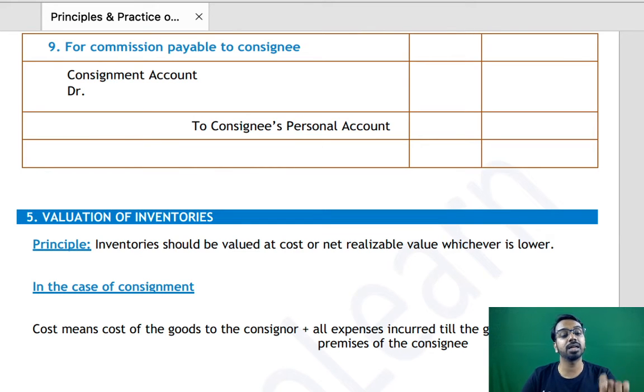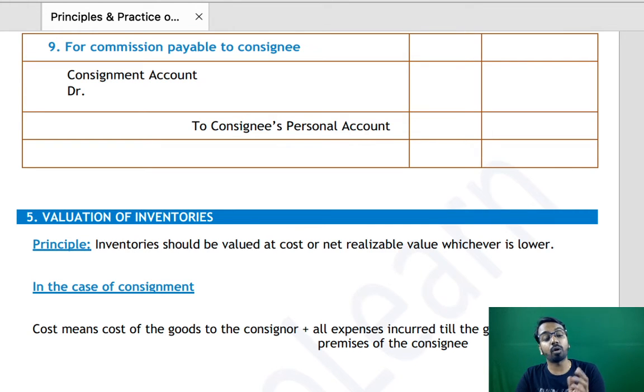Even if the consignor sends it at an invoice price, we'll understand the entry slightly later, it has to be valued at cost. Whatever is the cost price to the consignor plus all the expenses incurred by the consignor or by the consignee till the time the goods reach the premise of the consignee.